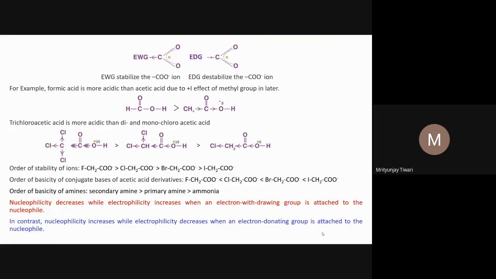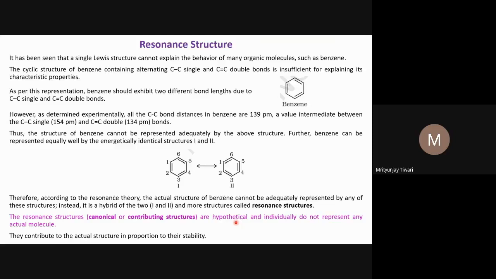So if the electron donating group is attached to the nucleophile, the electron density at the nucleophilic center will increase, and so the nucleophilic character will increase, but the electrophilic character will decrease, because if an electron donating group is attached to an electrophilic center, it will push certain electron density towards that center, and so it will diminish the electron deficiency of the electrophilic atom, and so the electrophilicity will decrease in that case.